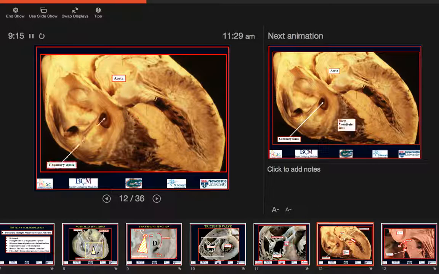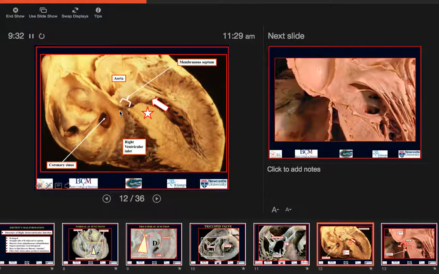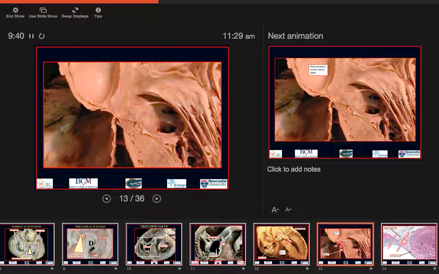And we see here the coronary sinus, and we see there the right ventricular inlet, and the myocardium separates the right ventricular inlet from the left ventricular outlet. And here, between the crest of the ventricular septum and the aortic root, is the membranous part of the septum. And that is the key for the location of the conduction axis.